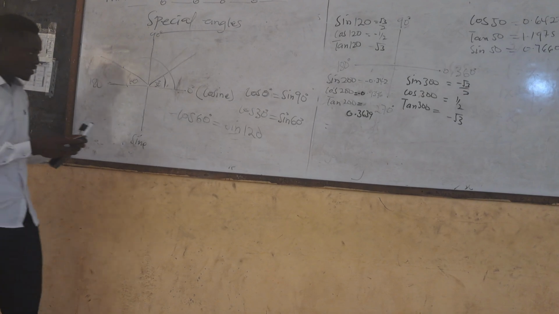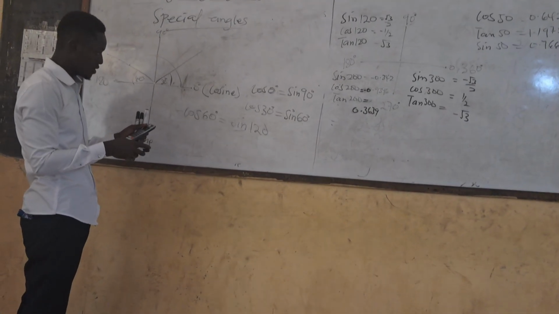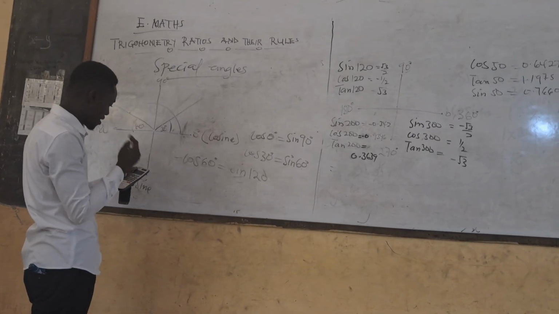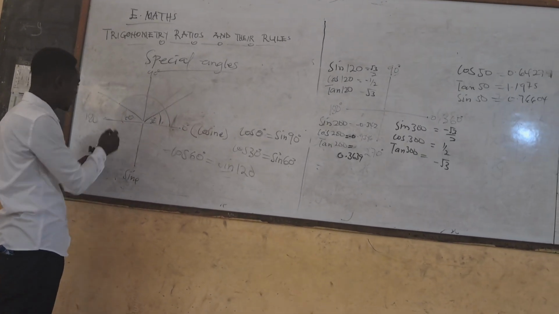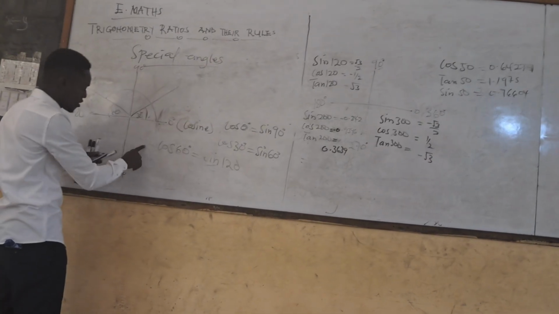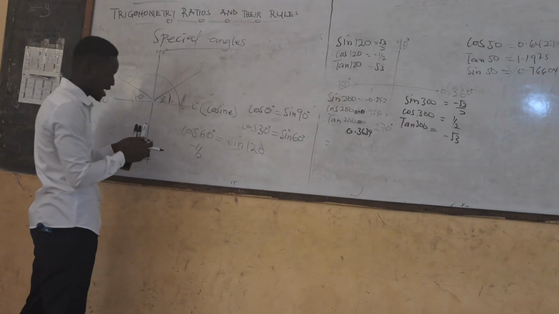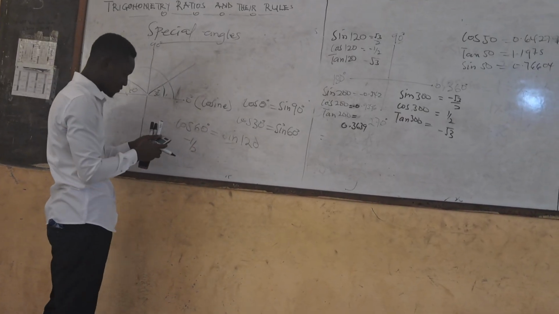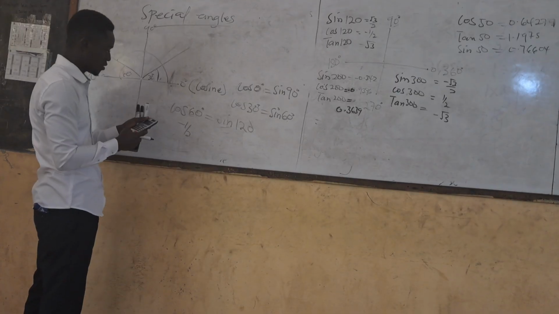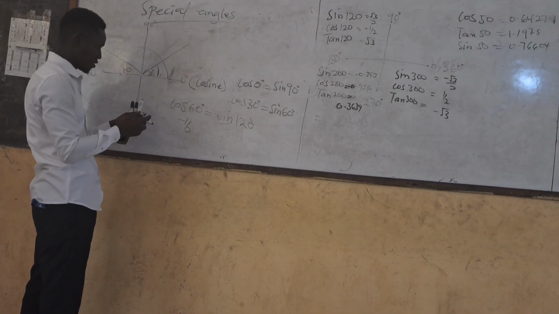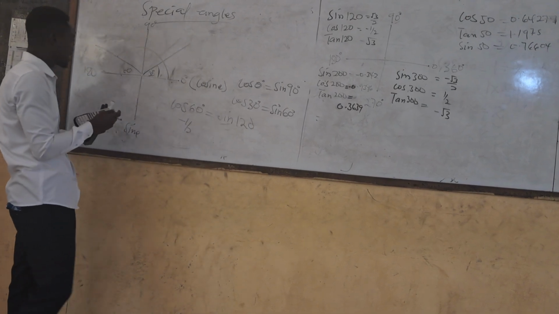So negative cos 60, we are going to get half. Then we punch sine 120. Okay, which also is giving us different values, so we have to check this very well.